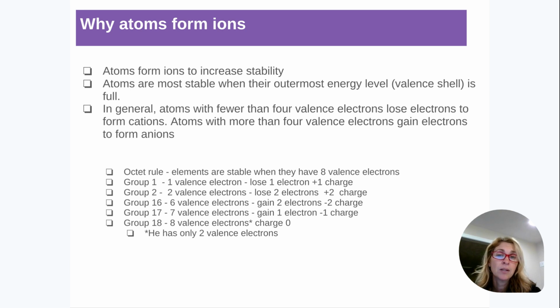The noble gases in group 18 will not form ions because they already have a stable electron arrangement. The transition metals in group B from the periodic table are omitted from this conversation as their electron structure is a bit more complicated and they don't always follow patterns as represented by the group A elements.